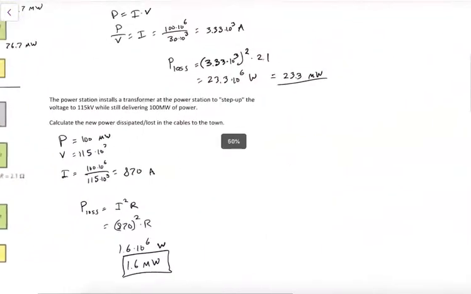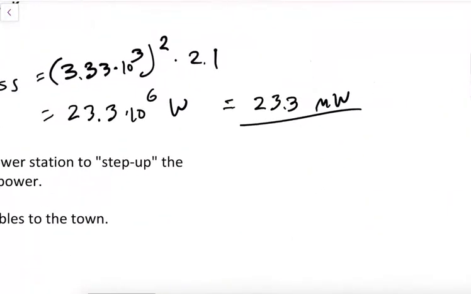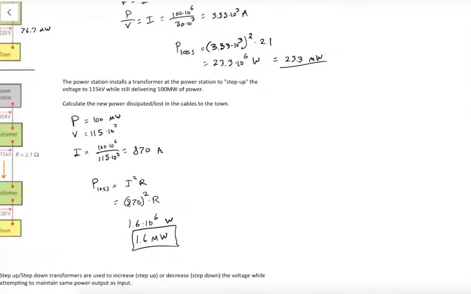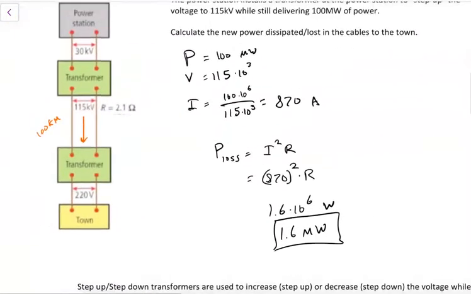And so we have taken this 23.3 megawatts, which is about 23% of the total power that was transferred to the town, and now only 1.6 megawatts has been extracted. So what started with 100, right here, has a power loss of 1.6, and then there's something like 98.4 here. And you still have the majority of the power at the town.